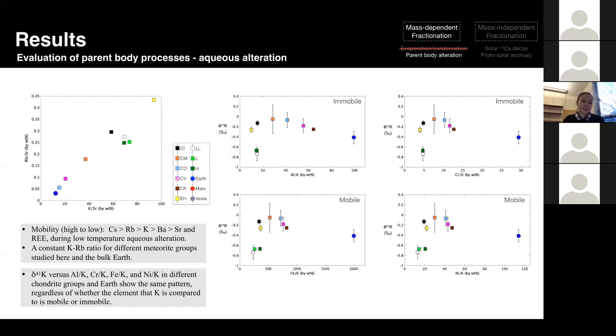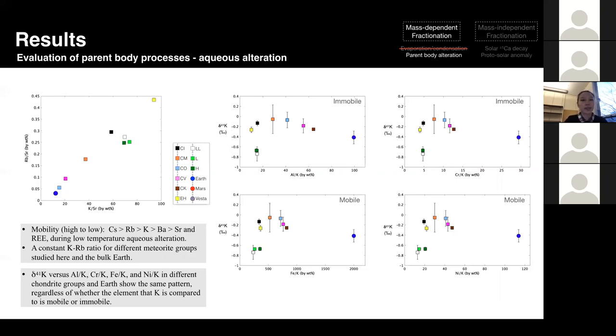To investigate if aqueous alteration has affected potassium in the meteorites that we study, on your left-hand side, we plot rubidium versus potassium for chondrites and Earth. You can see the constant ratio between potassium and rubidium suggests no obvious alteration. Otherwise, we should see highly variable potassium-rubidium ratios, given that rubidium is more mobile than potassium.